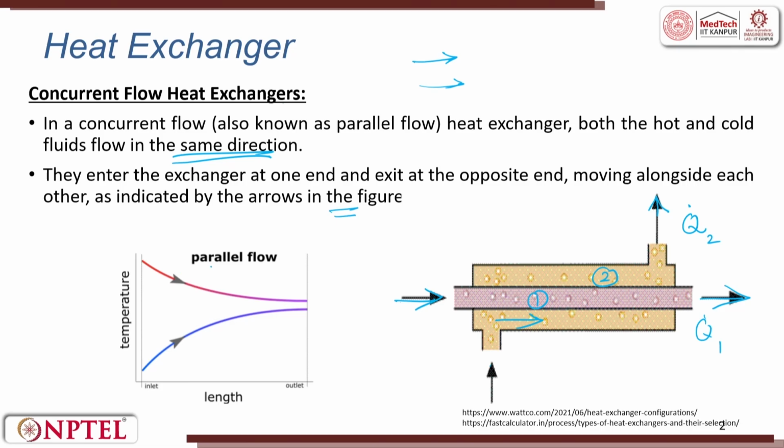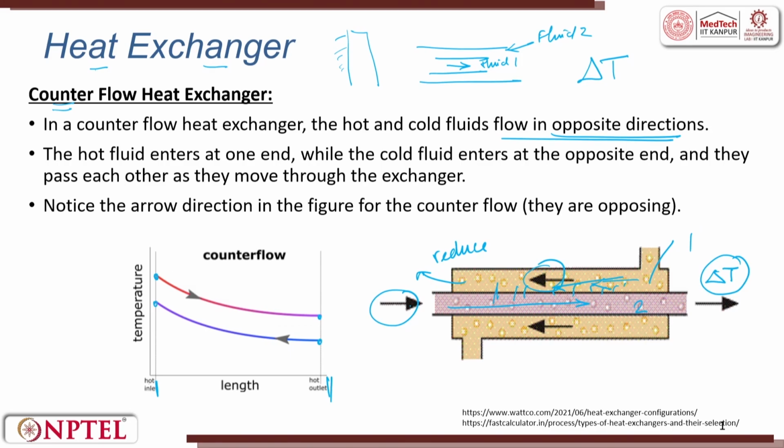So, when you look at parallel flow, you plot it between temperature and length. You see here this is the inlet and this is the outlet. How is the inlet varying with respect to the outlet for hot as well as for cold? By understanding these two heat exchangers, you will be able to appreciate the use of heat exchangers.